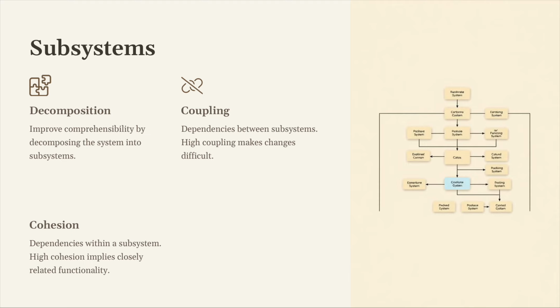Too much coupling makes the system harder to change. Cohesion. This measures how closely related the parts of a subsystem are. High cohesion means the subsystem is focused on a single purpose, making it easier to maintain.